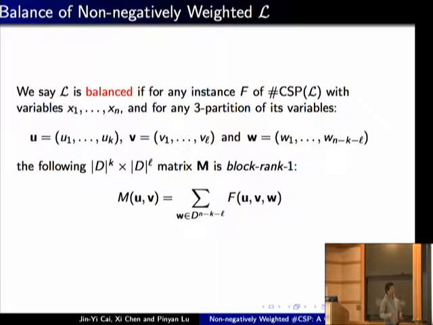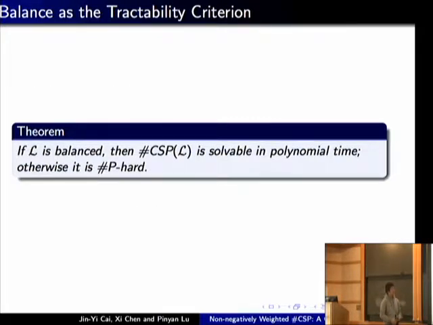And we require that all matrices that can be constructed in this way are block rank 1. And again, the hardness part is easy. You can easily show that if it's not balanced, then it is hard. I have a slide at the end of the talk, but if we have time, we can talk about the hardness part a little bit.